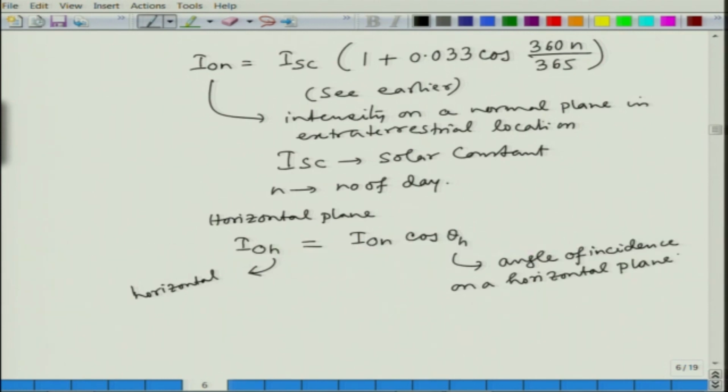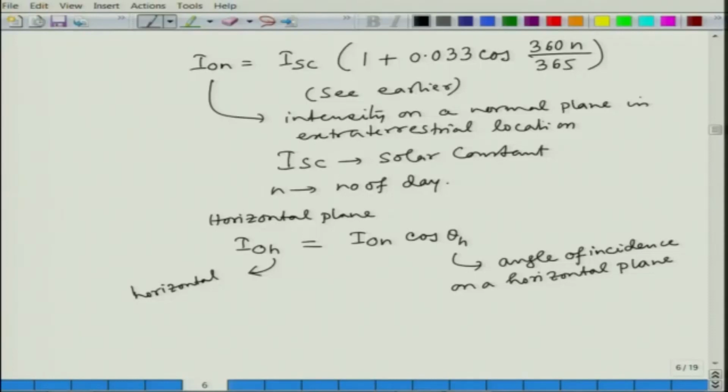You can keep a horizontal plane in an extraterrestrial location, or you can hypothetically keep it, and you can find what would be the angle of incidence on that horizontal plane, and the intensity will be just the ION, the normal intensity, multiplied by the cosine of that angle of incidence theta h. Okay. So, later maybe next class only we will see that this cos theta h we can estimate it exactly in terms of other angles.